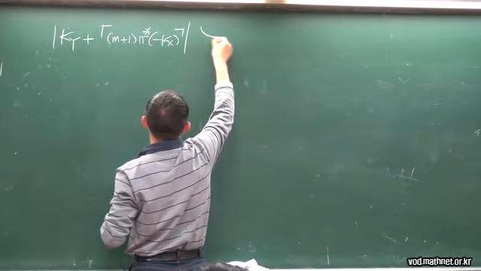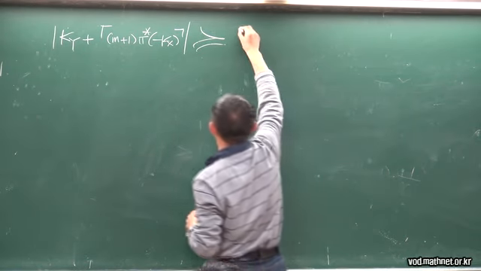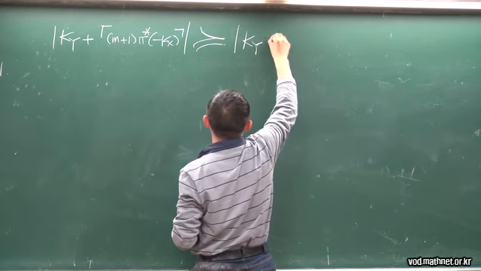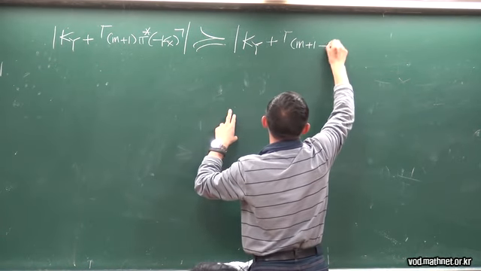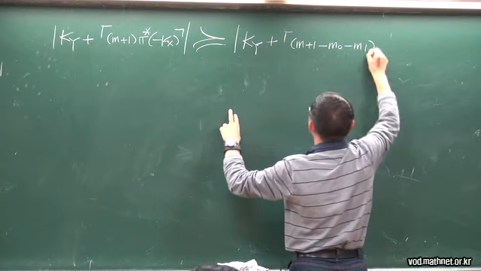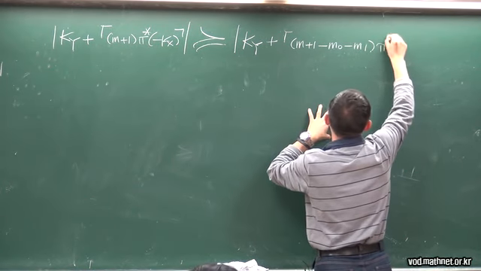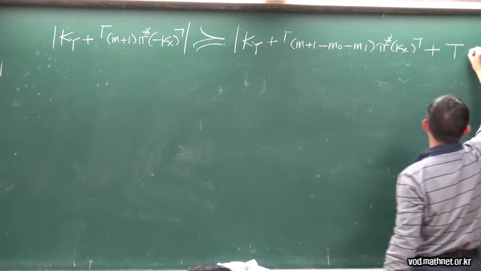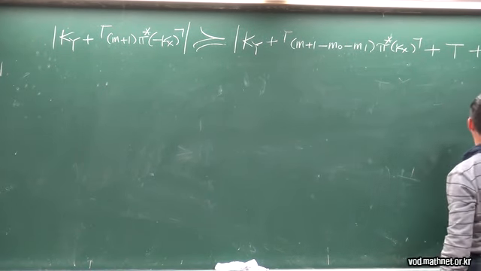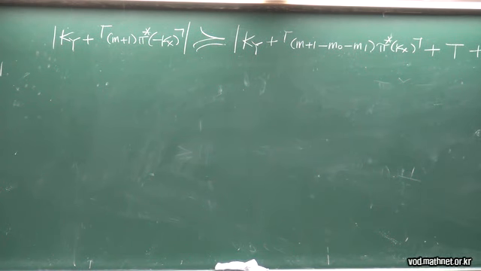Okay, so this is larger than this linear system, KY plus round up of m plus 1 minus m naught minus m1 times pi upper star Kx plus T plus S. Okay, so by our assumption, S and T are smooth surfaces, but T is not a pencil, but S is a rational pencil.